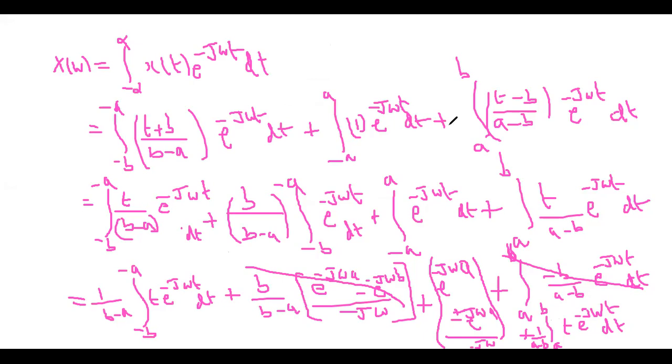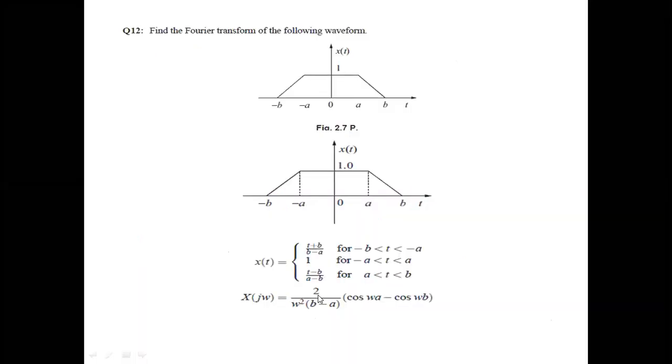In the denominator we get omega square into b minus a.